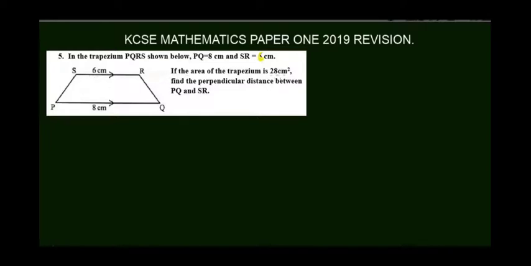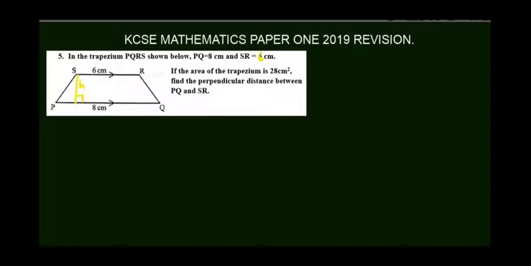So that if the area of the trapezium is 28 square centimeters, then we should find the perpendicular distance between PQ and SR. That is the distance, if you drop a perpendicular from point S to line PQ so that it meets it at 90 degrees, then we are looking for H, that height.